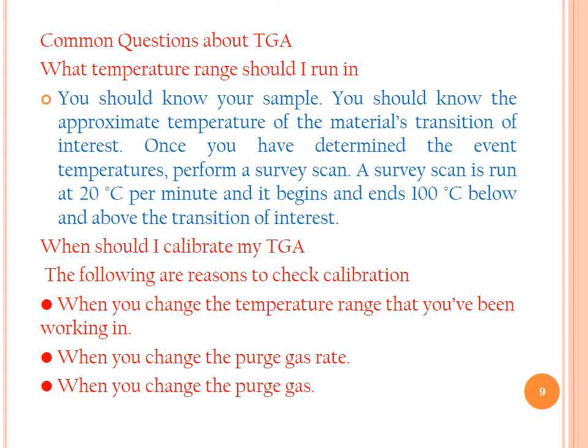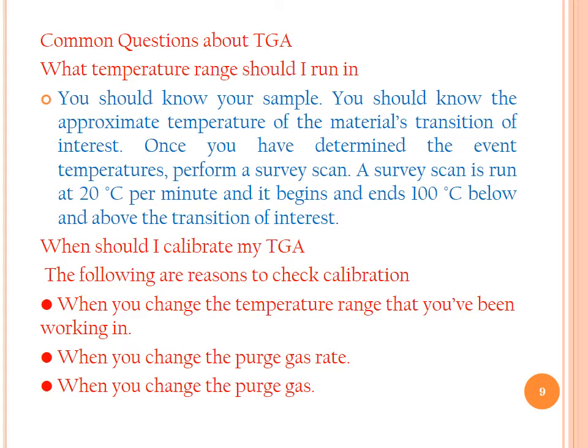The other question is, what temperature range should I run when analyzing by using the TGA? You should know your sample. You should know the approximate temperature of the material transition of interest. We should have a little bit of an idea about the sample that is to be run by TGA. Once you have determined the event temperatures, perform a survey scan.